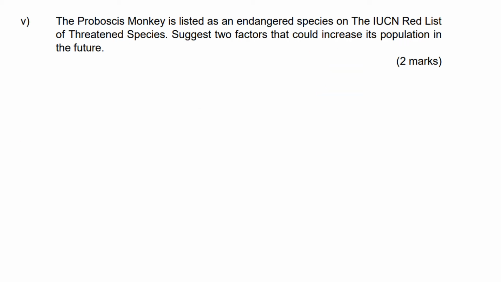The last question, question 5. The proboscis monkey is listed as an endangered species on the IUCN Red List of Threatened Species. Suggest two factors that could increase its population in the future. So the question only wants two factors that increase the population of the monkey in that certain area. So first, it is due to the increase in birth rate. Birth rate is also the same as natality.